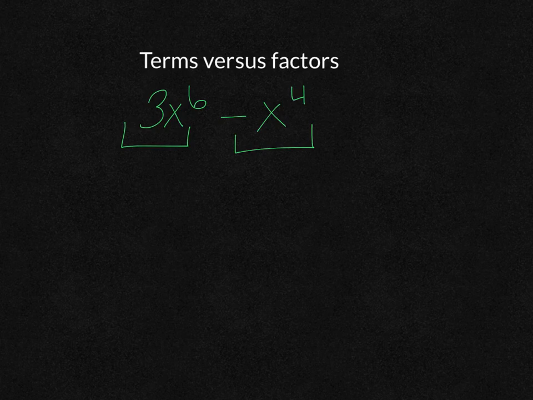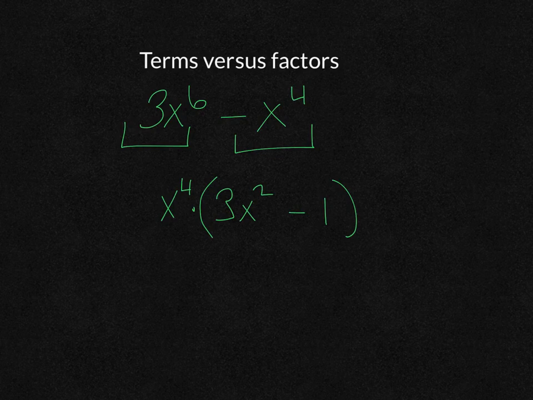Now, you can take your polynomial and rewrite it in factored form, which is a concept we're going to take a look at in the next video, but I would just like to factor this for you. It would be x to the 4th times 3x squared minus 1. Now this is in factored form. The important thing to know is when you have a polynomial in its factored form, you can start reducing if you need to.